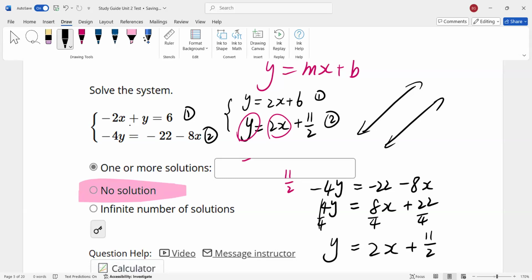So negative 2x plus y equals 6. To rewrite this equation in slope-intercept form, we don't want this term on the left side, we want it on the right side. To do that, we can add 2x to both sides, and they cancel. So we have y equals 2x plus 6. Does that help?